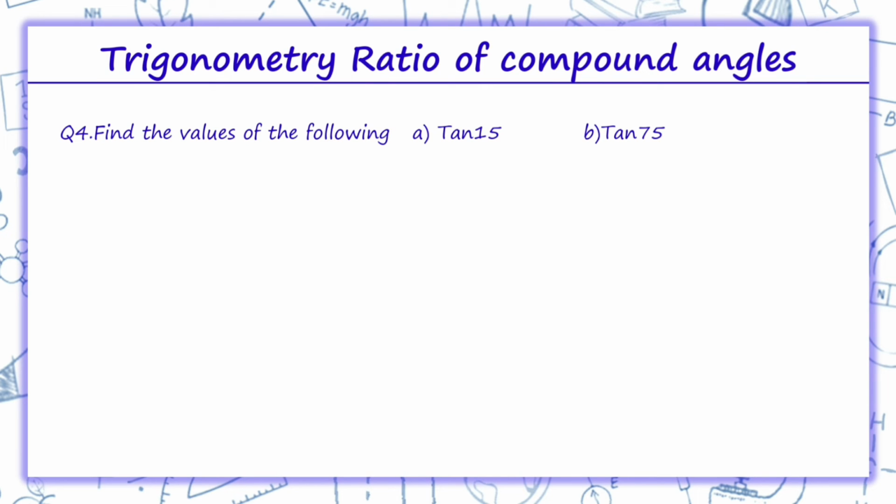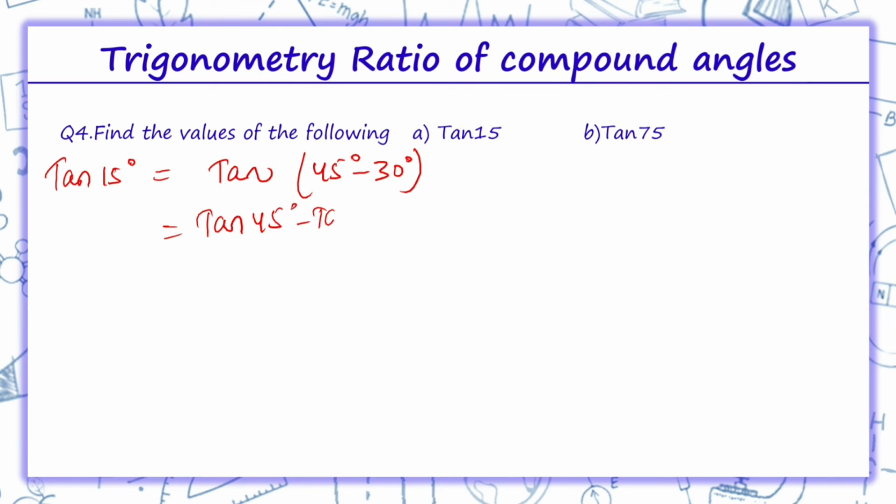Coming on to next, tan 15 degree, tan 75 degree. Now tan 15 degree can be written as tan of 45 degree minus 30 degree. So we will apply the formula of tan A minus B, which is tan 45 degree minus tan 30 degree upon 1 plus tan 45 into tan 30 degree.